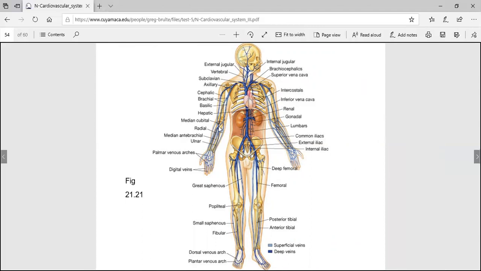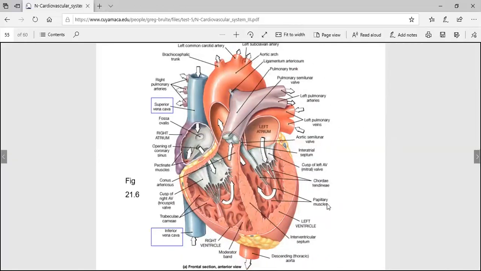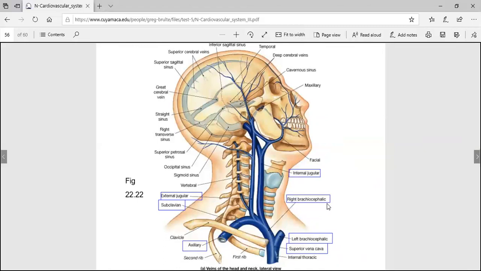Make sure you know median cubital. Sorry, cubital. I hope that's what I said last time. Median cubital. Okay, because you're going to be drawing blood from there. Did all that. And then this is showing you your internal jugular and your external jugular and your vertebral vein.